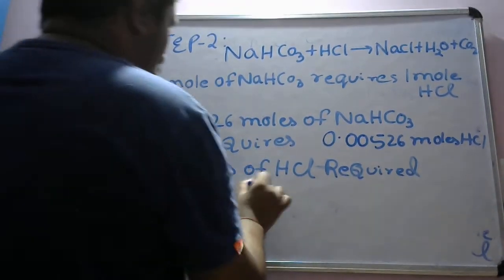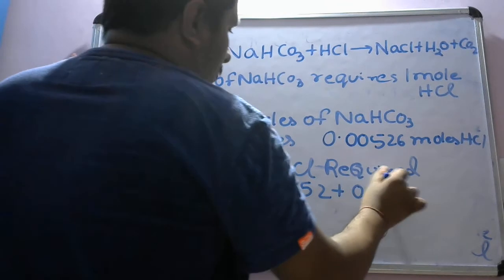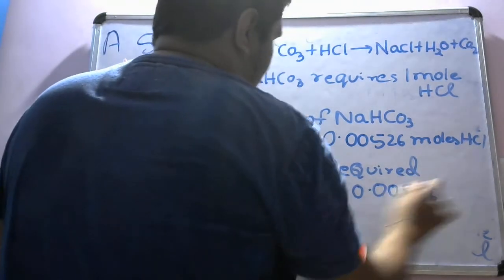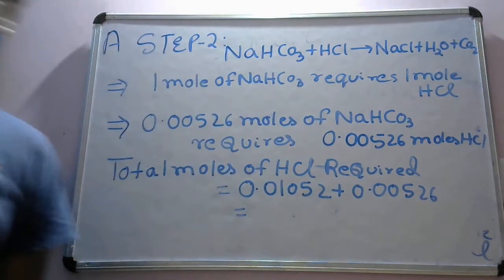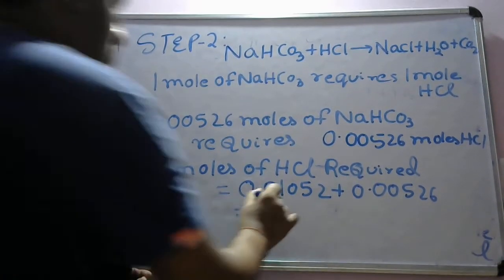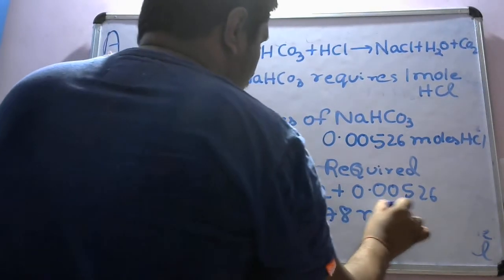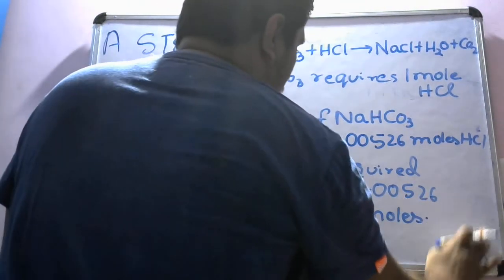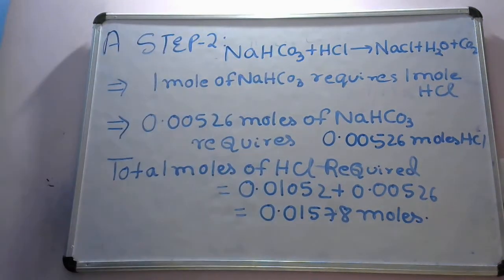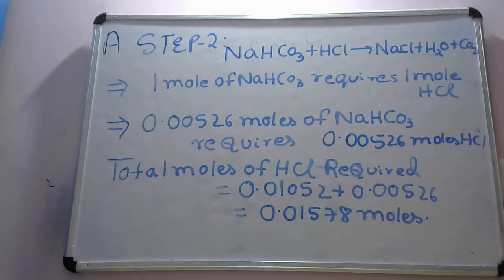First one was 0.01052 plus 0.00526, and the sum will be 0.01578. 0.01578 moles. So we got the total moles of HCl required. Second step is over.